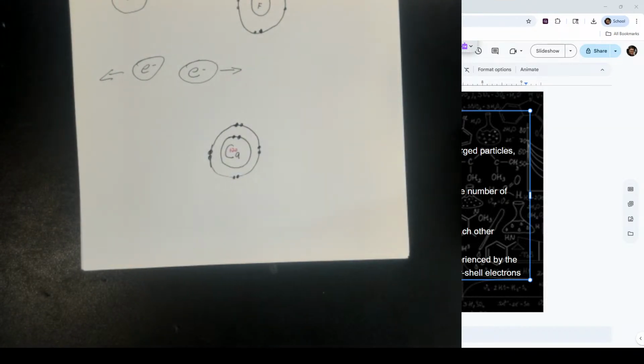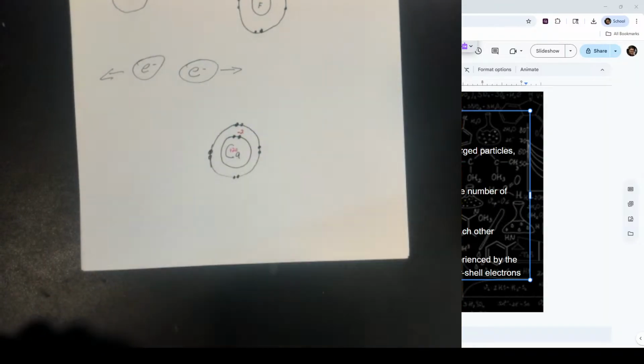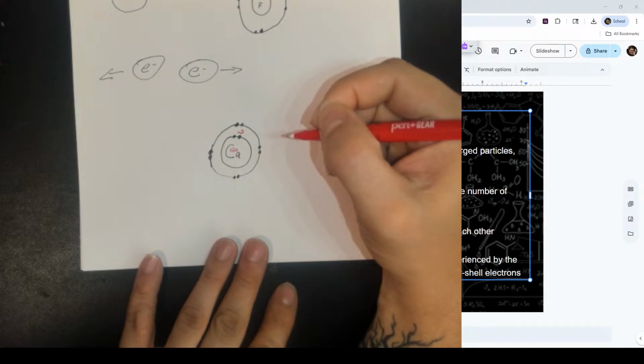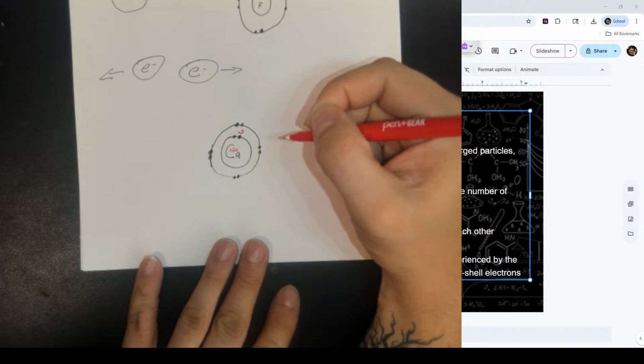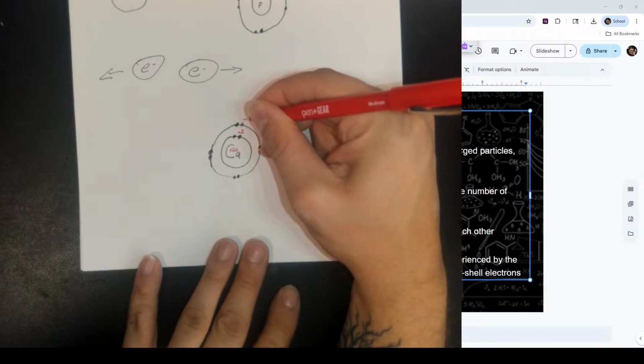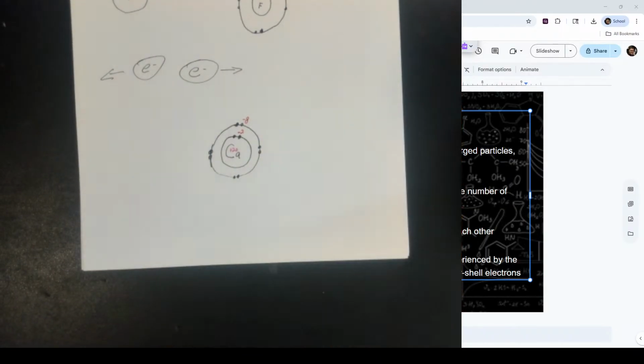They feel, because of these guys effectively having a negative 2 charge, these guys effectively feel a plus 18 charge. And this is 8 electrons, which means they exhibit a -8 charge. They're all little negative particles.